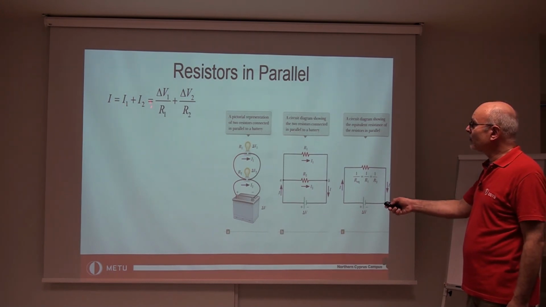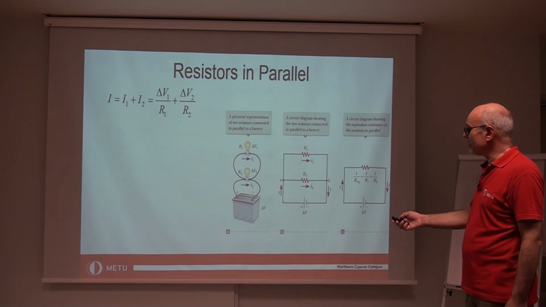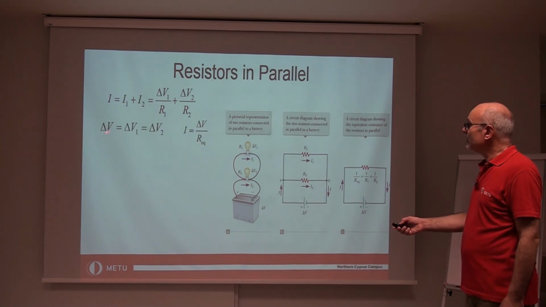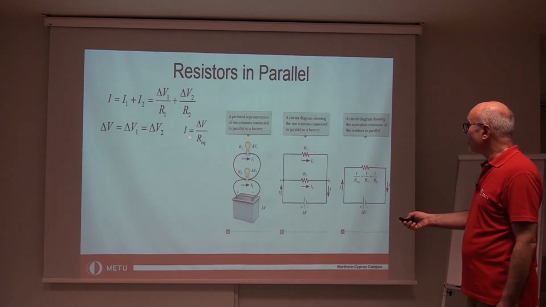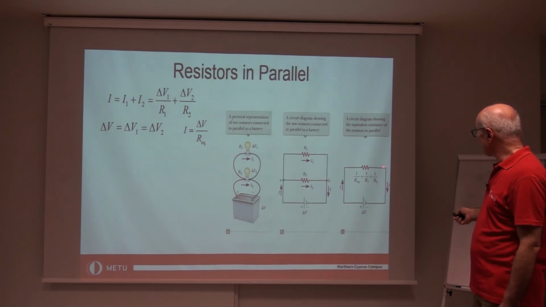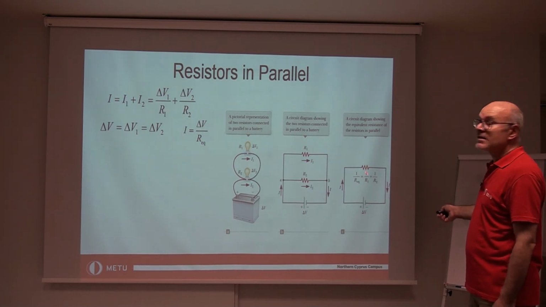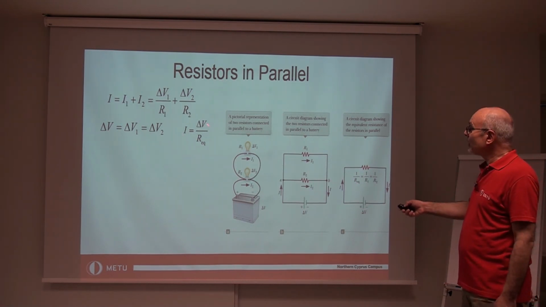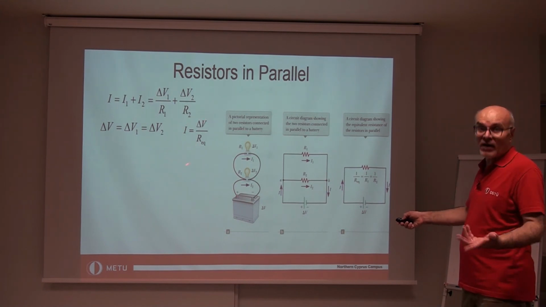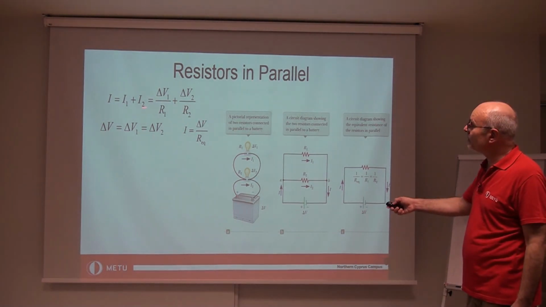So substituting for I1 and I2 in terms of these, you get this expression. Now, delta V is the same all over, and so here also, the potential difference across the equivalent resistance is just delta V, and the current through the equivalent resistance is I, so we write I is equal to delta V over R equivalent.